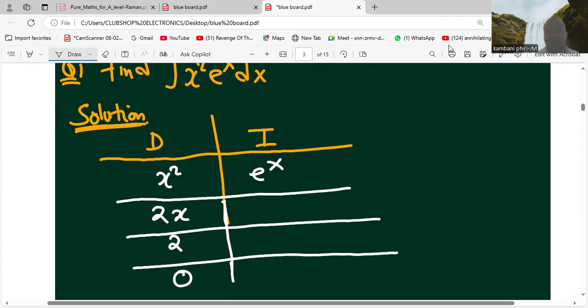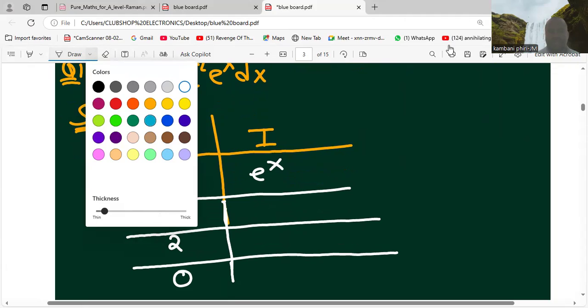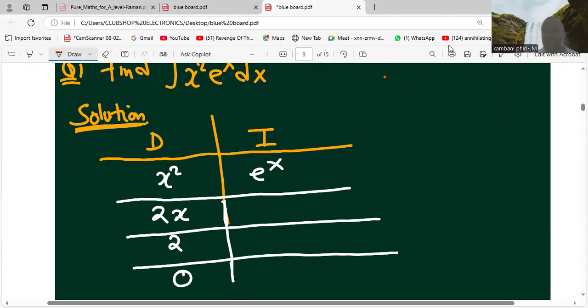Since it's a constant, we have 0. Then here we integrate. The integral of e to the power x is e to the power x, e to the power x.